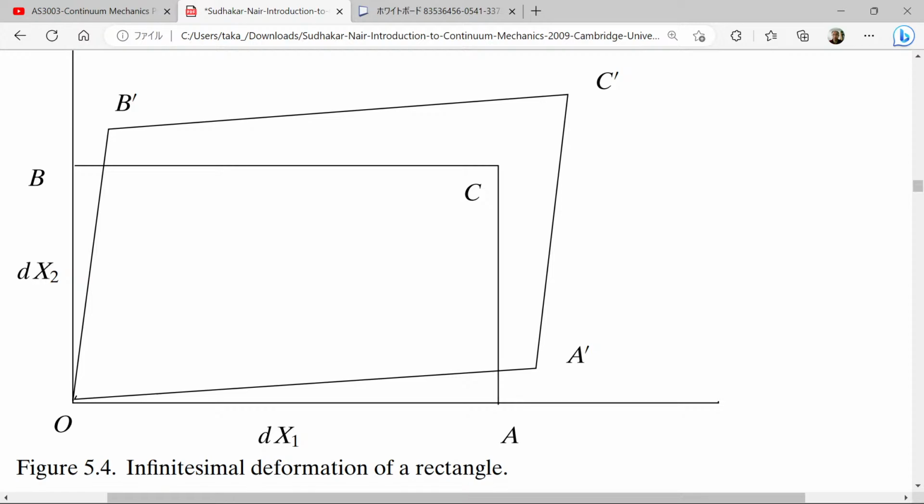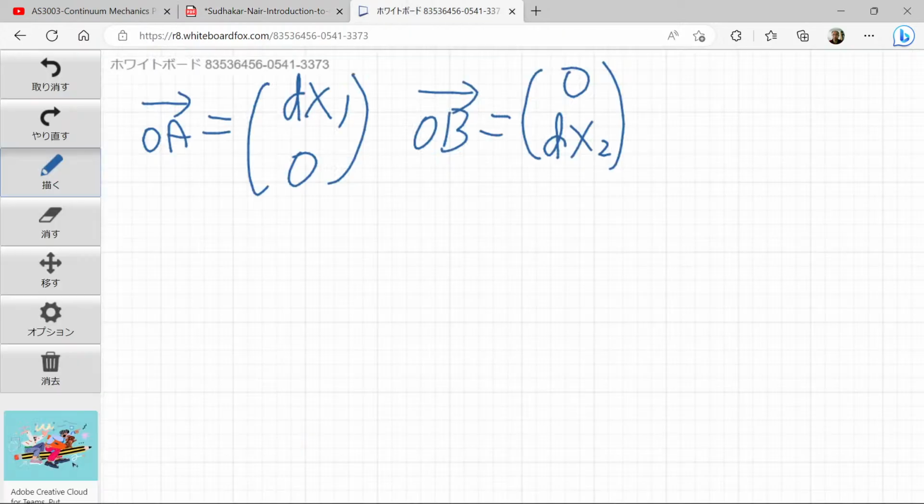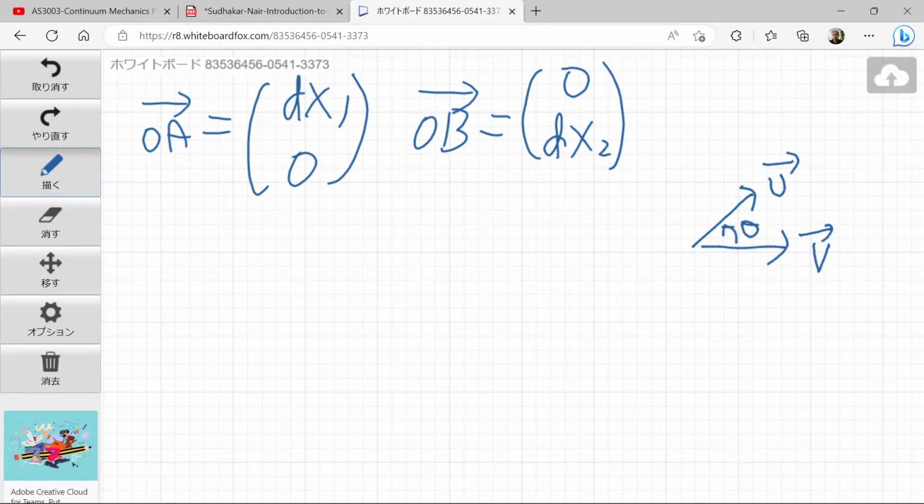Then we have the primed point. So we consider rotation. Okay, so we consider OB, OA. I can say, if you have some vector V and a rotation U, here you have rotation theta. What is this rotation?